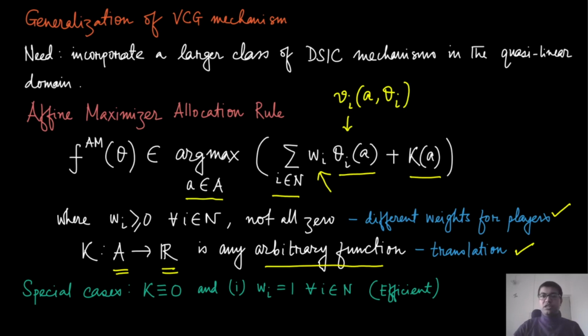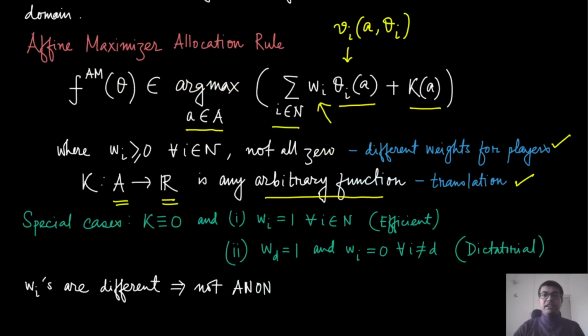Now if you notice carefully, this is clearly a generalization of several things that we have discussed in the past. The most common one is when this function kappa(A) is identically equal to 0, and all these weights w_i are equal to 1. This is one special case where you get back the original efficient allocation.